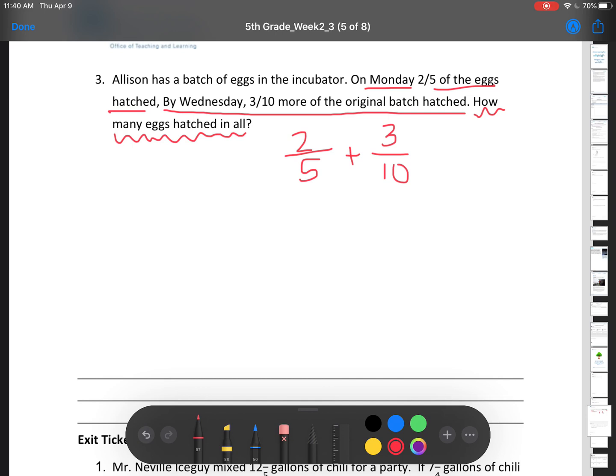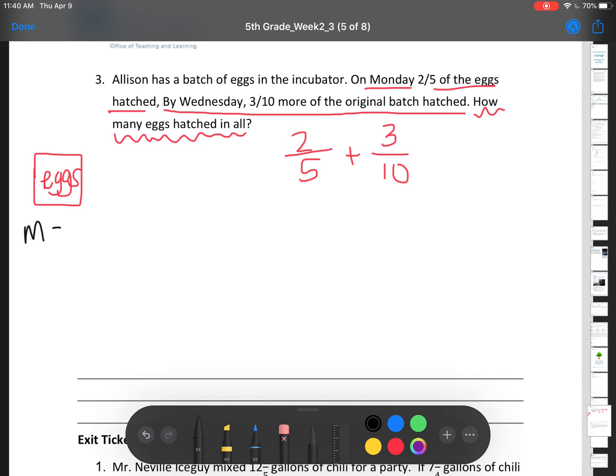Okay, so again, I'm going to draw a picture, or just think out loud, whatever you can do, draw something that helps. So I know that I have an incubator of eggs. Okay, here are my eggs.